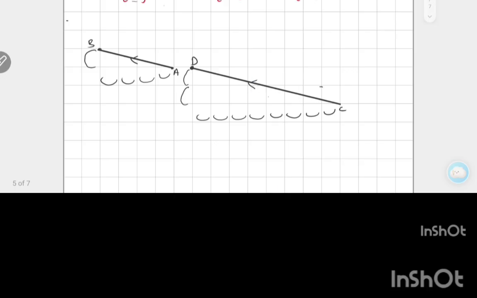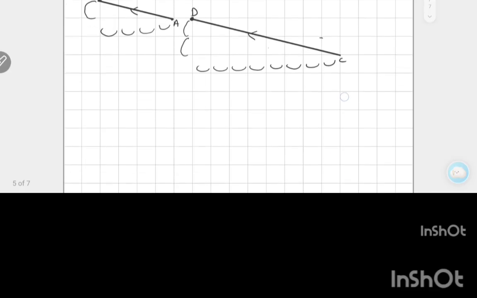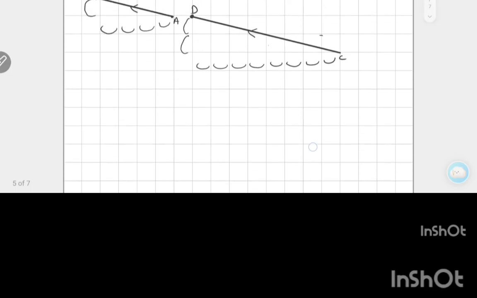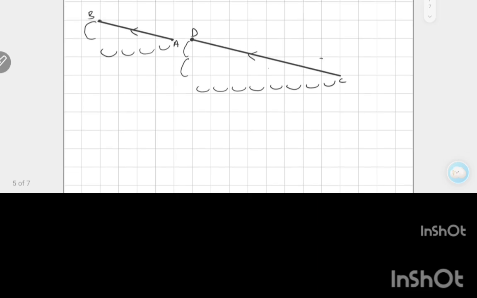So we have sketched AB and CD. Now similarly we have to sketch XY. It will be plus 16 and minus 4. We start from positive 16 on x.